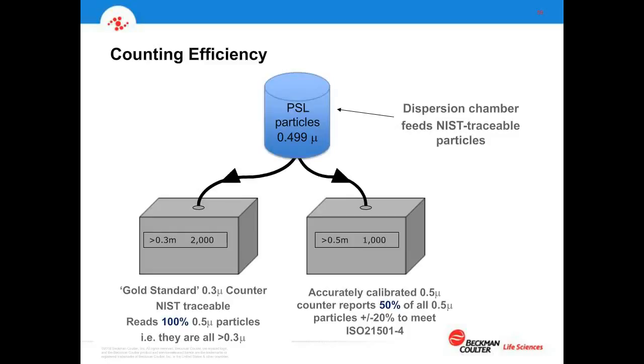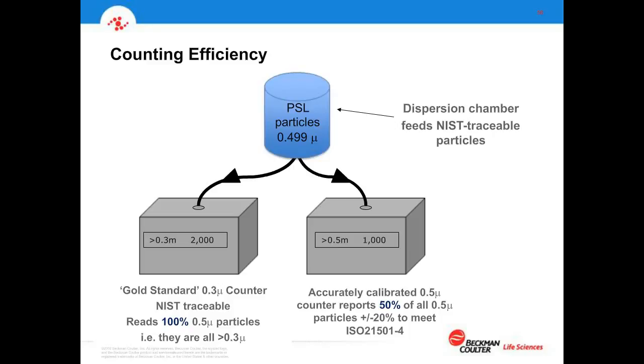So then if we put two instruments and sample simultaneously this atmosphere that's well mixed, we would see the 2,000 value in the challenge, but we see a different number. We see a value of 1,000 in the unit we're testing.